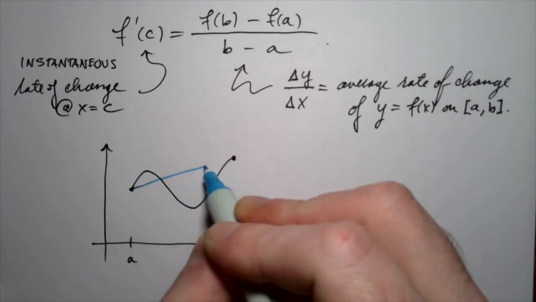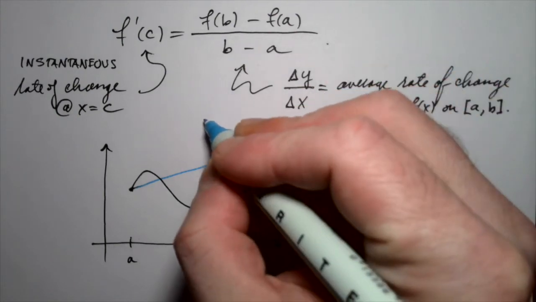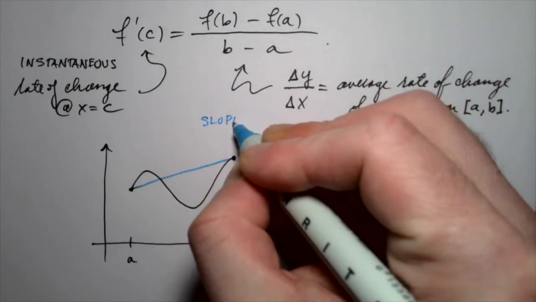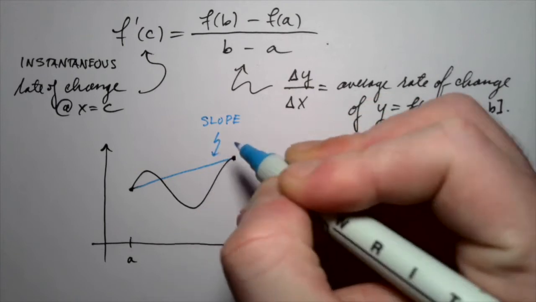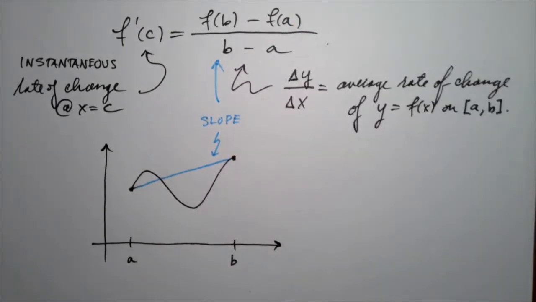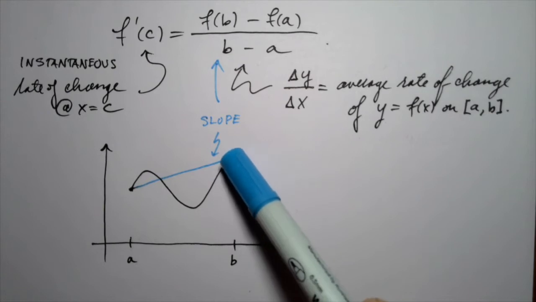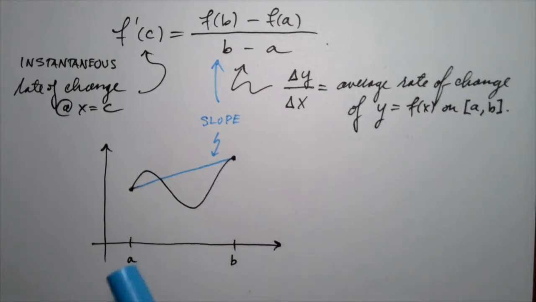It's the slope of this secant line connecting those 2 points. So I claim that the slope of this line is precisely the average rate of change over the entire interval. That's because the height here is the change in the y values overall, whereas the width, the run, is the change in the x values.